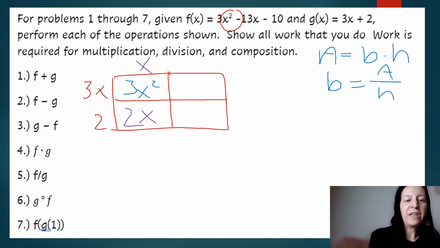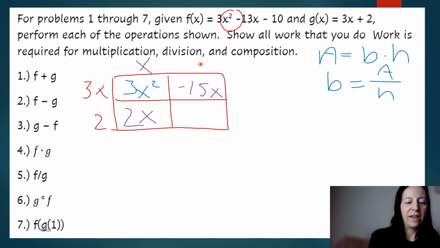Now, these two need to add up to give us negative 13x, because we know the area. The area is 3x squared minus 13x minus 10. And so we need this to come out to negative 13. Well, I have a positive 2. If I want to add it to something to get negative 13, that better be negative 15x.